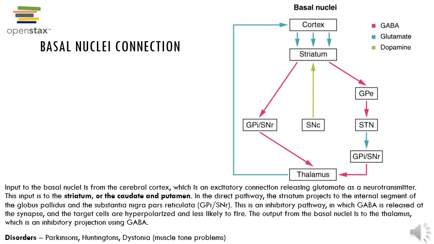Okay, more about basal nuclei, but the good thing is more about what you don't need to know. On the previous slide, I mentioned there were these basal nuclei that were responsible for routing impulses from the cerebral cortex to the appropriate motor pathways. Now, those basal nuclei go by a number of rather intense names. They were mentioned on the previous slide, and I purposely avoided that fact because you don't need to know them.